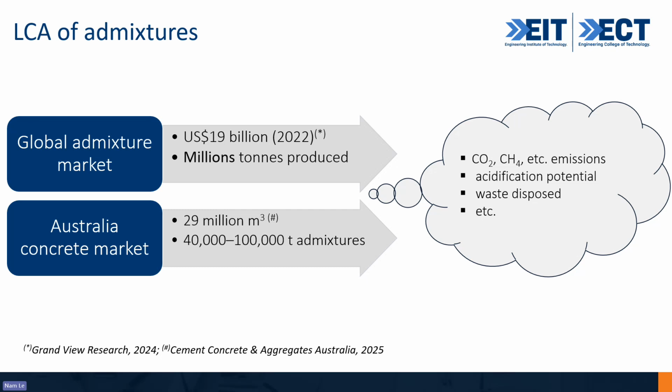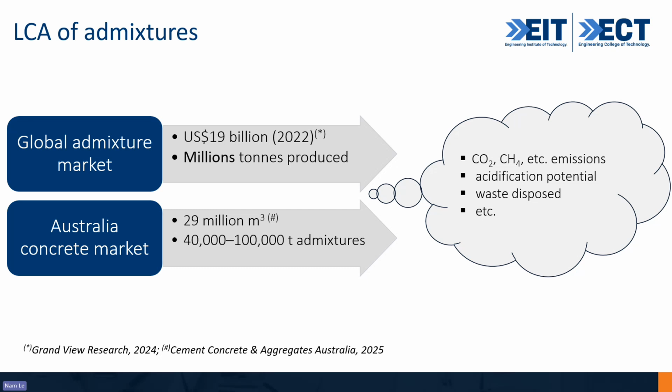The global admixture market is quite huge, with a total value of 19 billion US dollars in 2022, according to this report. It means that we have millions of tons of admixtures produced every year.